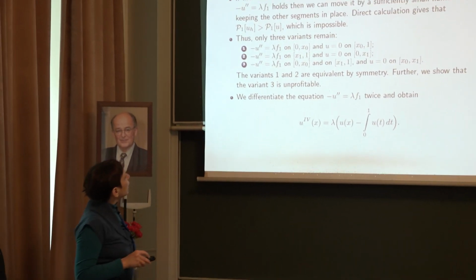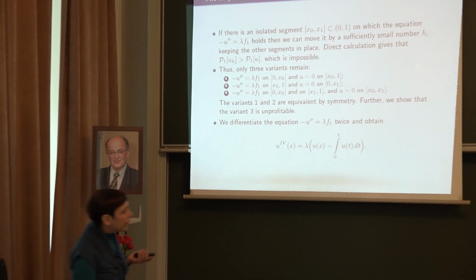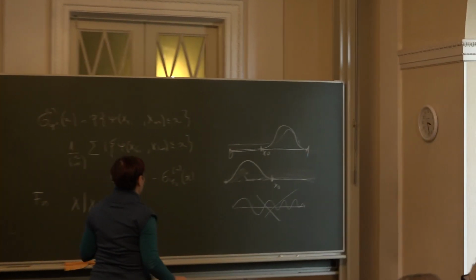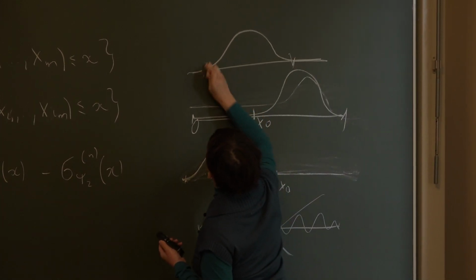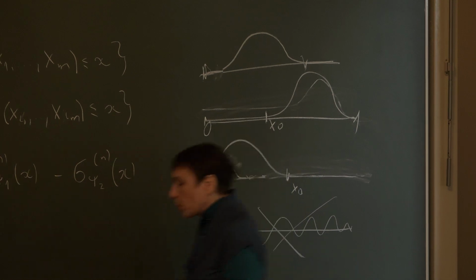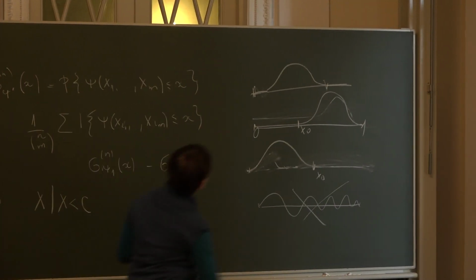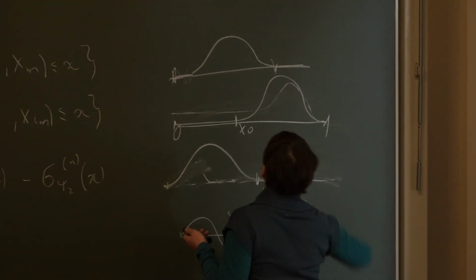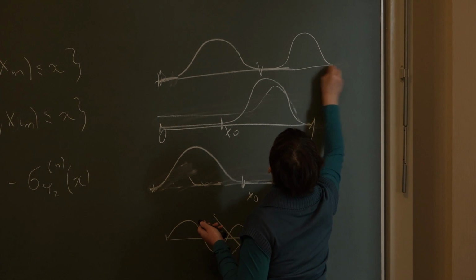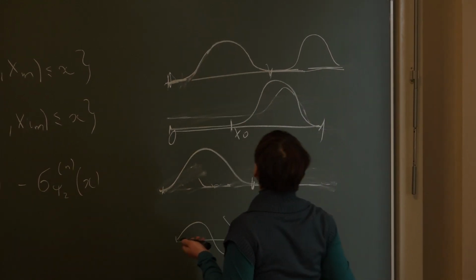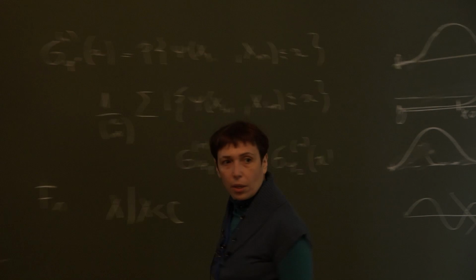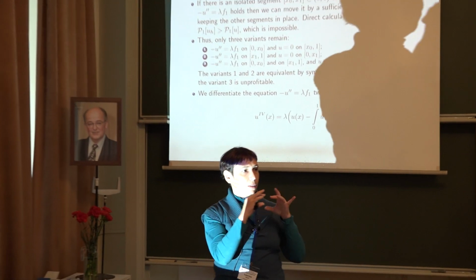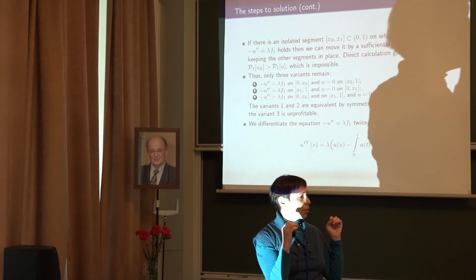And we can show that the third variant with two separated intervals is unprofitable, as we can improve it by, for example, cutting half of it and stretching, inflating.